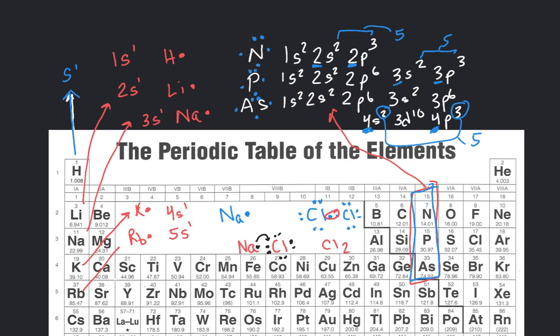When sodium loses its 1 valence electron, it becomes a +1 ion. And when chlorine gains its 1 electron, it becomes a -1 ion. Then the opposite charges come together to form a bond. This is called an ionic bond. And they form a compound called sodium chloride, which is table salt, which we eat.